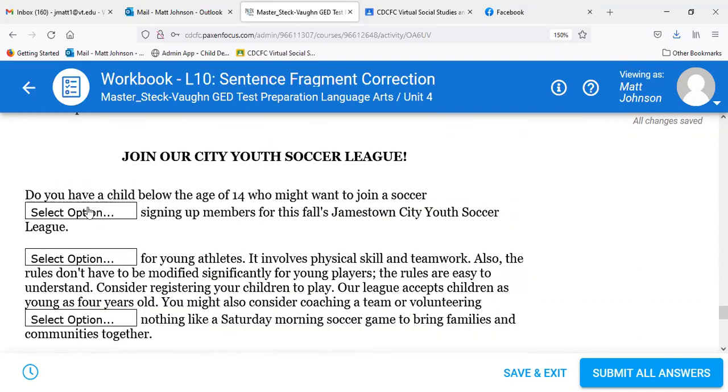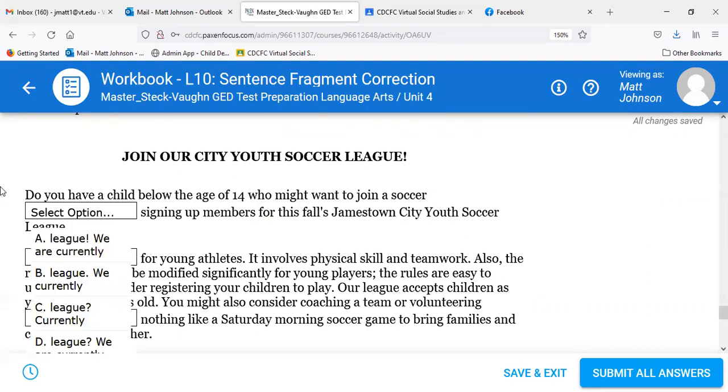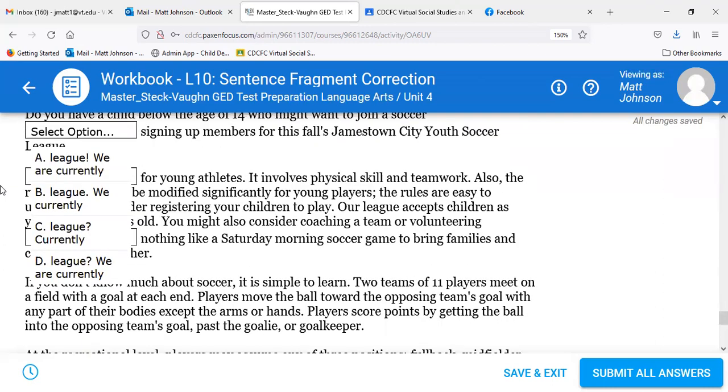And our final one here, join our City Youth Soccer League. Do you have a child below the age of 14 who might want to join a soccer league? I think the answer is D. Yep.